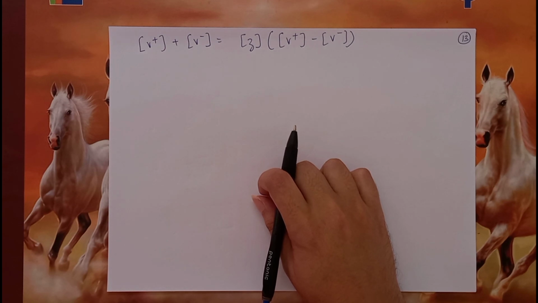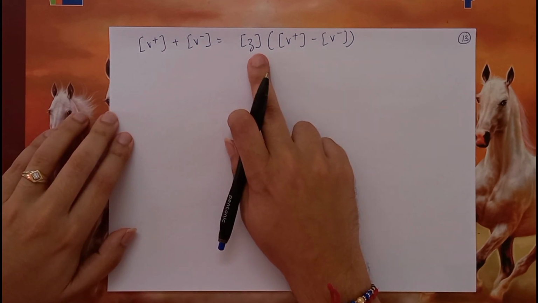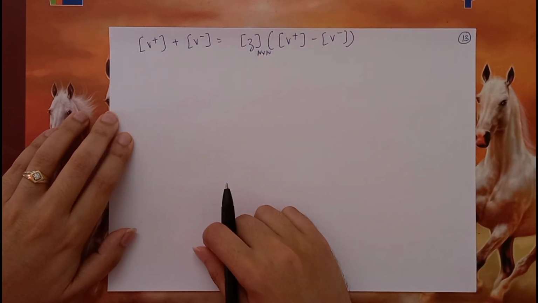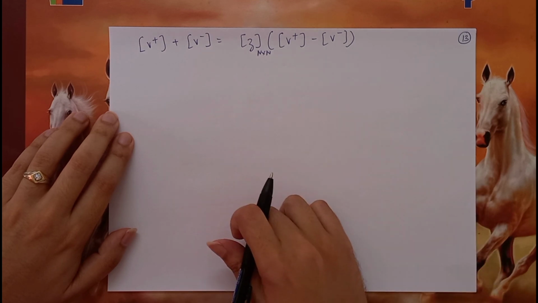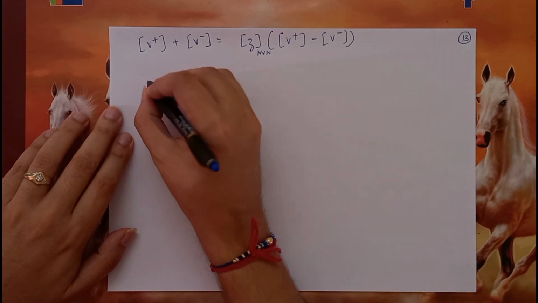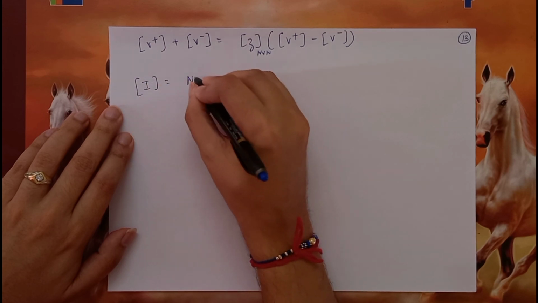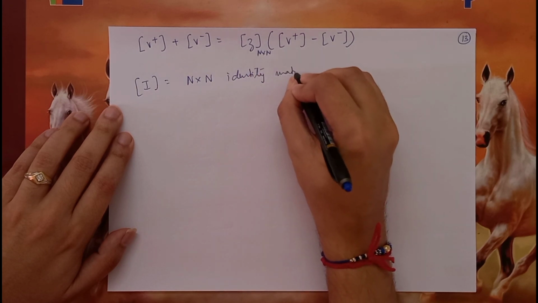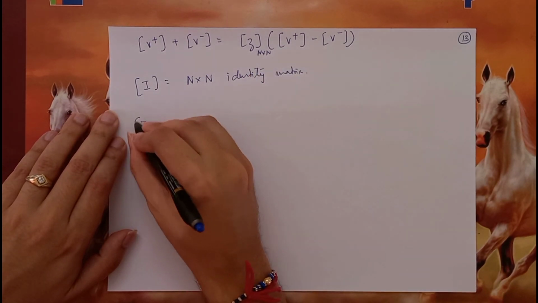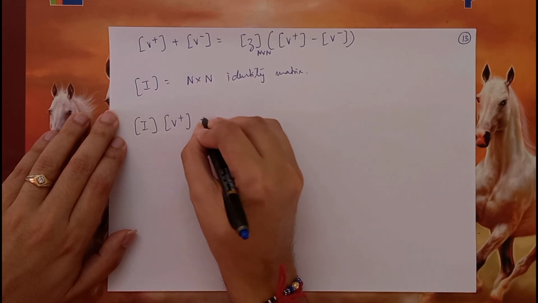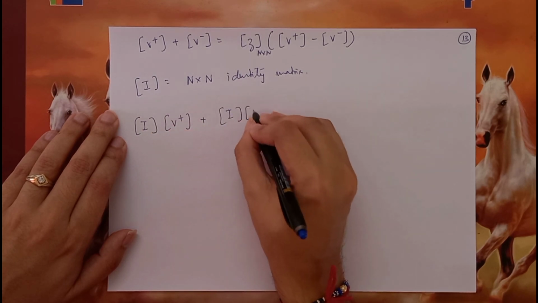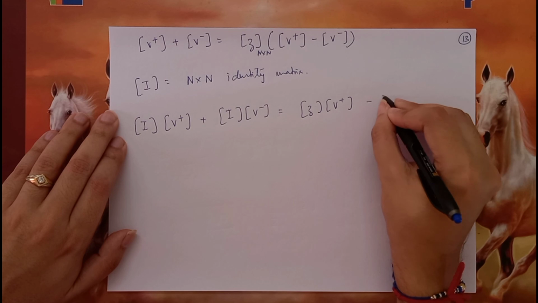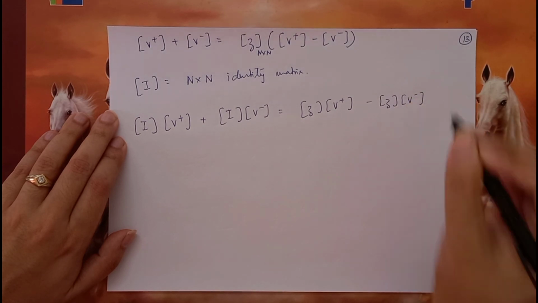Now, just like how this small z is an n cross n matrix, let us multiply the left hand side by the n cross n identity matrix, because multiplication with the identity matrix does not change anything. So if this I is the n cross n identity matrix, then we can say I times V plus plus I times V minus is equal to small z times V plus minus small z times V minus.